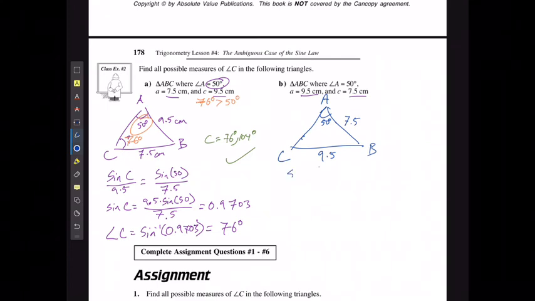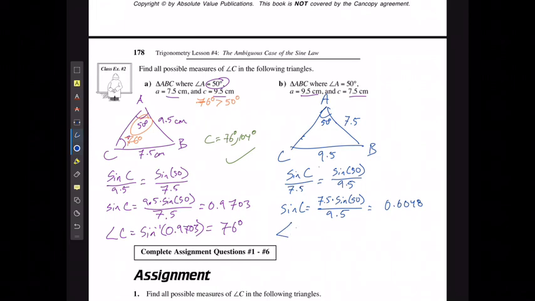Which means now I'm going to state that sine of C divided by 7.5 is going to equal sine of 50 divided by 9.5. Sine of C is going to equal 7.5 times sine of 50, all divided by 9.5, which is going to give me approximately 0.6048.